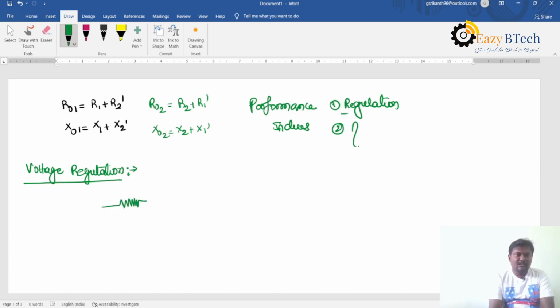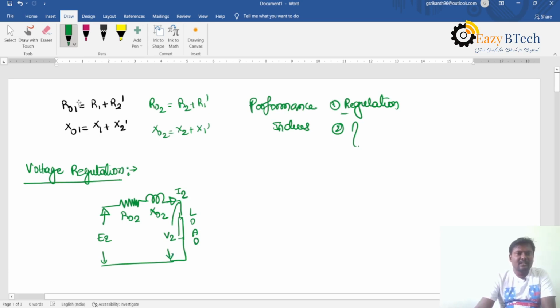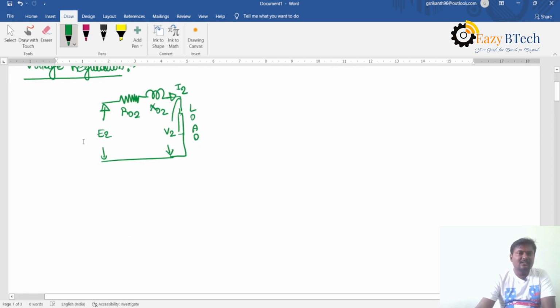So your equivalent circuit will be like this with respect to secondary. So this is E2. The load we are connecting like this. The current flowing through the load is I2. The voltage across the load is V2. By neglecting the no load branch, this is the equivalent circuit after induced EMF.